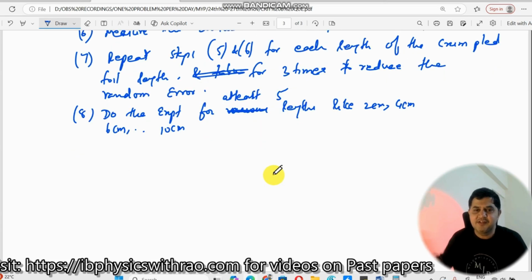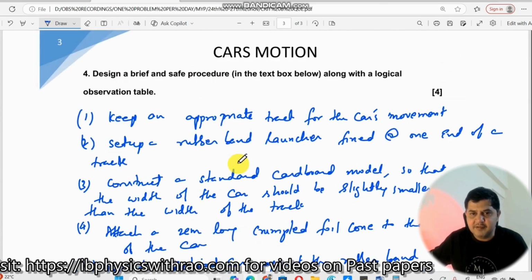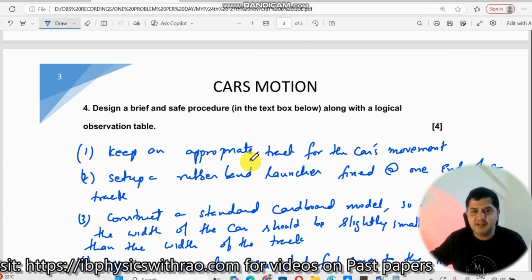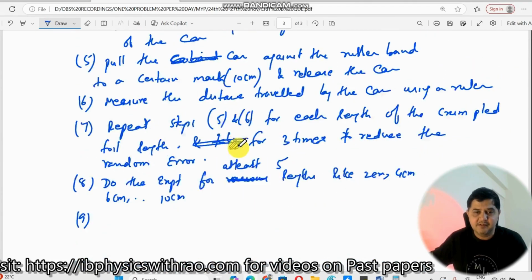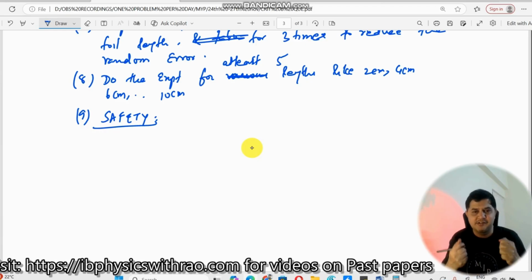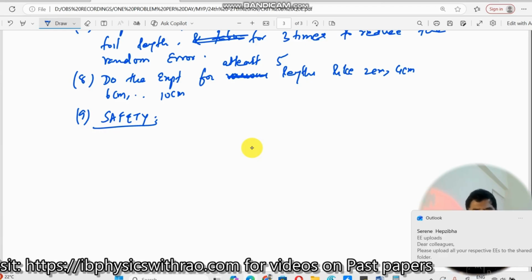After this, safety is required, as given here. It's a logical safe procedure, so you should write the safety. What are the safety measures? We're not using any heat experiment here, so there is no need of any tongs or a fork and so on.